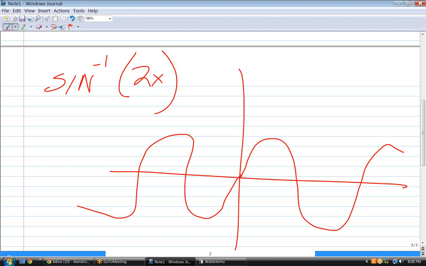So if it's not passing the horizontal line test and I take the inverse of it, it's not going to be a function. It won't pass the vertical line test. So what mathematicians do is they restrict the domain so that we can talk about the inverse function.